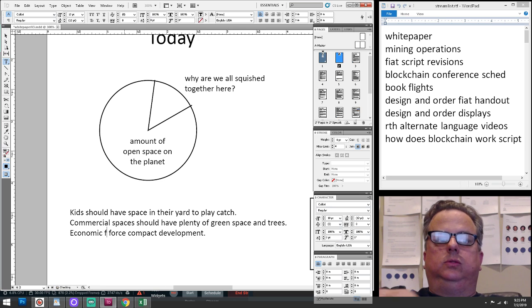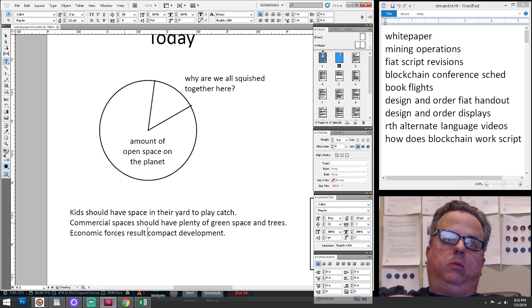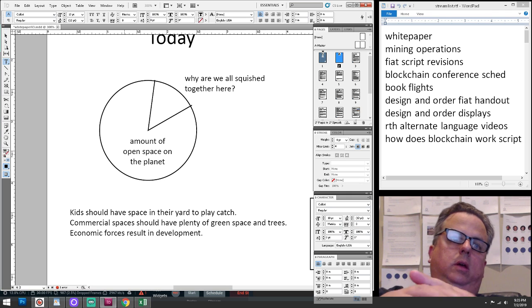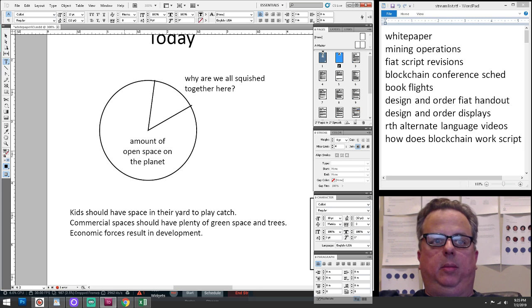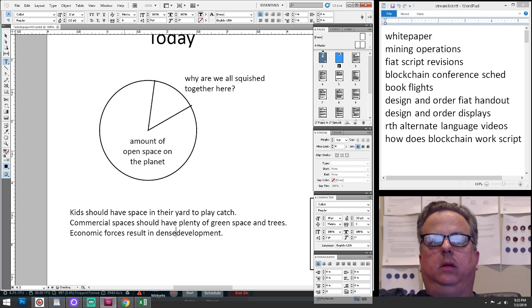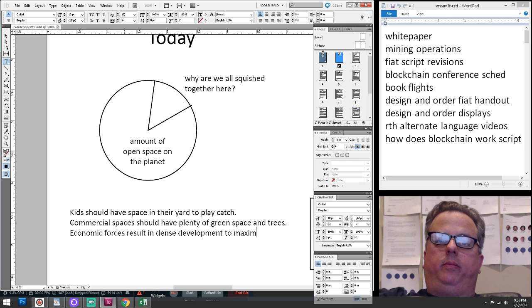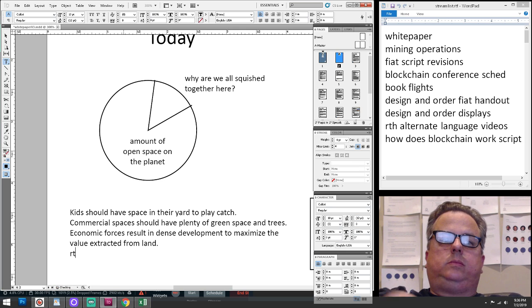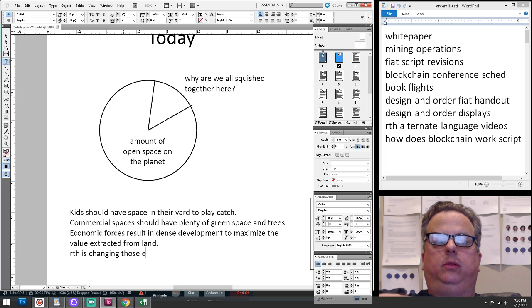Economic forces result in tight, close, dense development to maximize the value extracted from land. Earth is changing those economics.